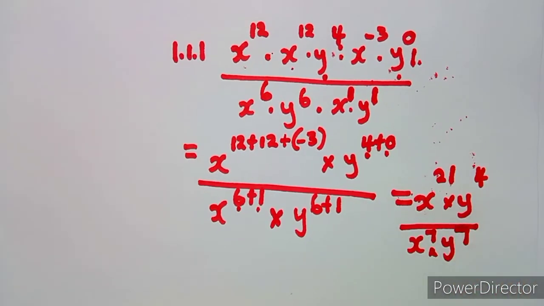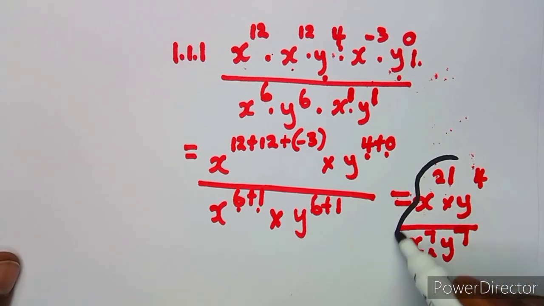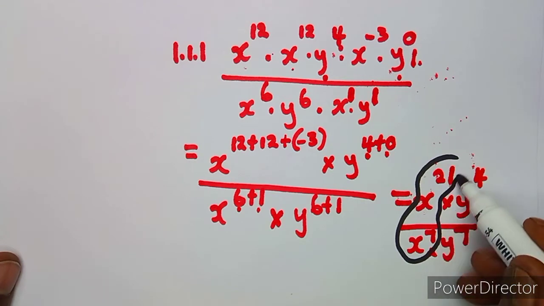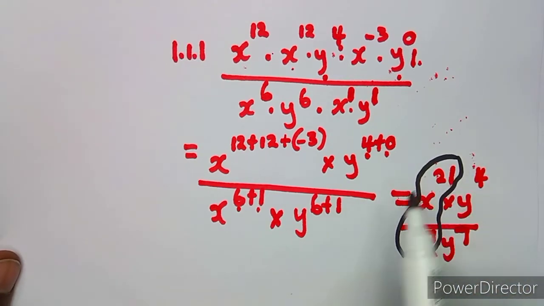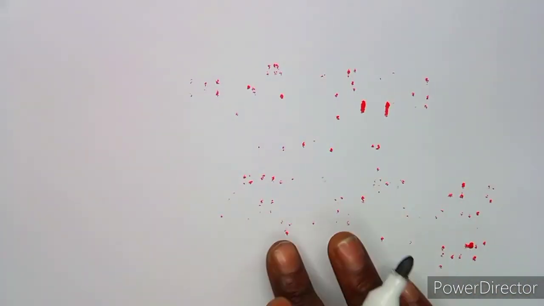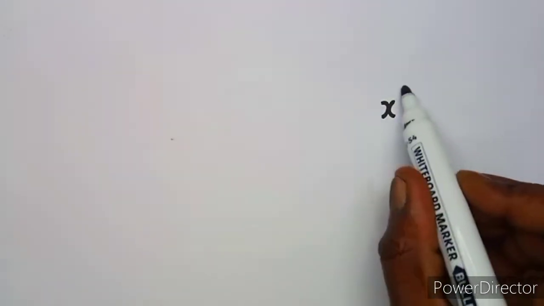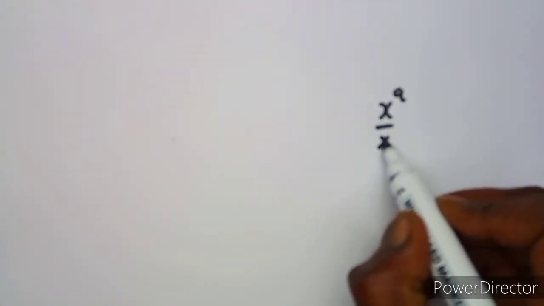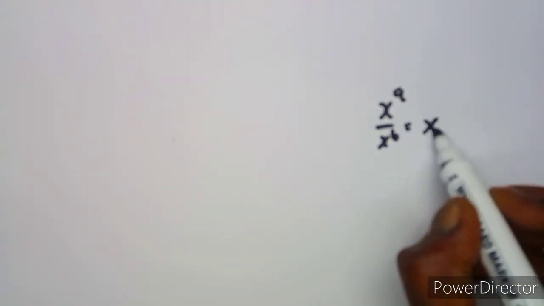All right, then these two are actually dividing each other. So this time we are going to subtract the exponents, because we are dividing this time. Remember, x to the exponent of a over x to the exponent of b gives us x to the exponent of a minus b.